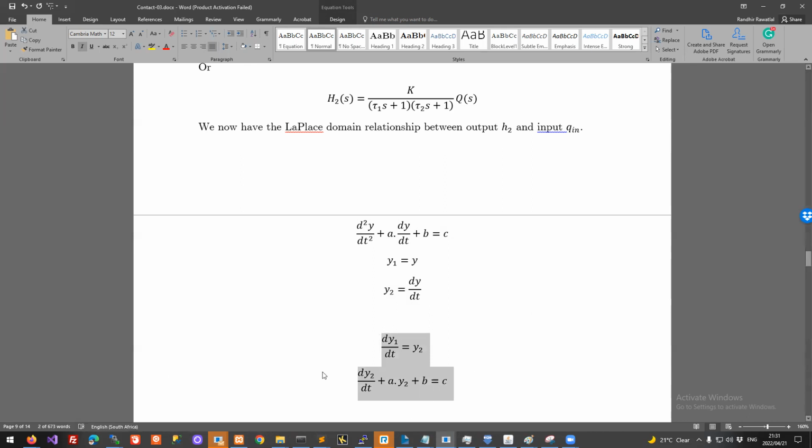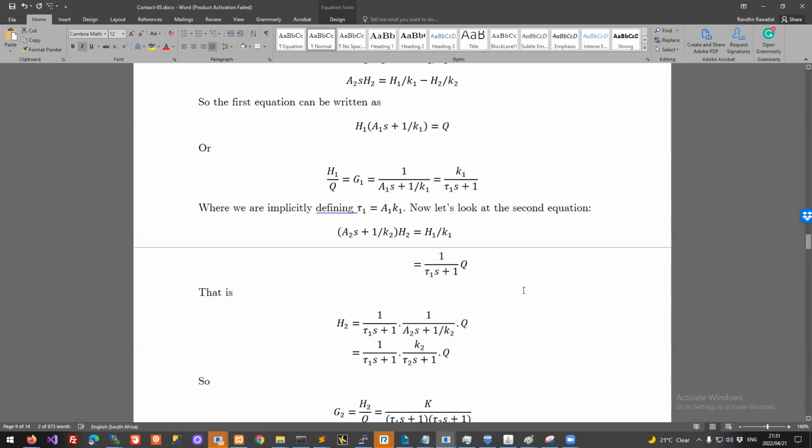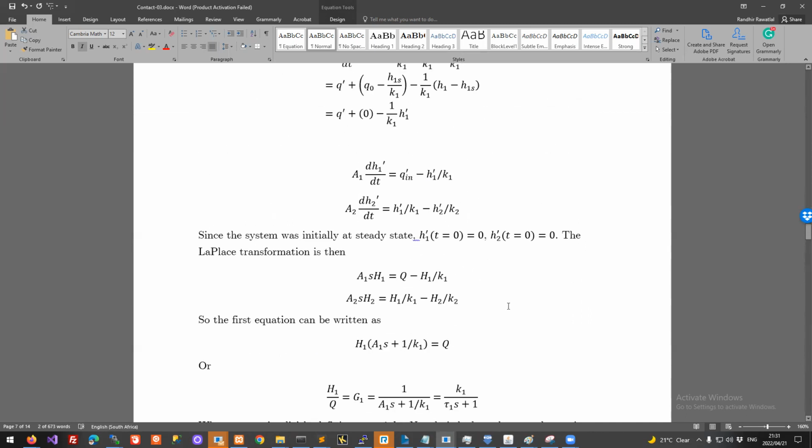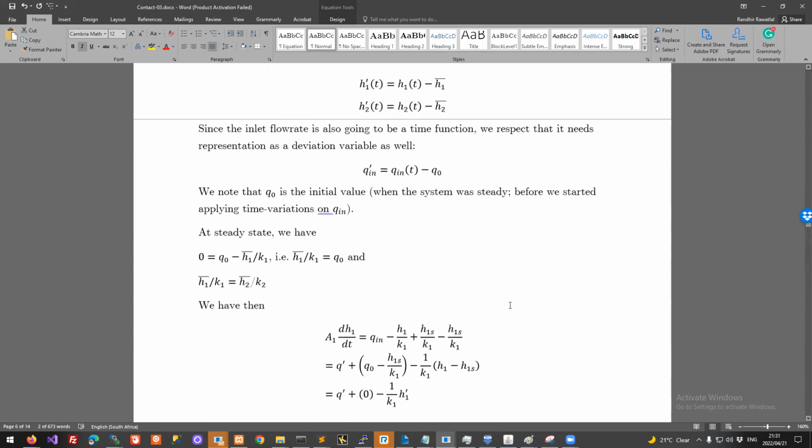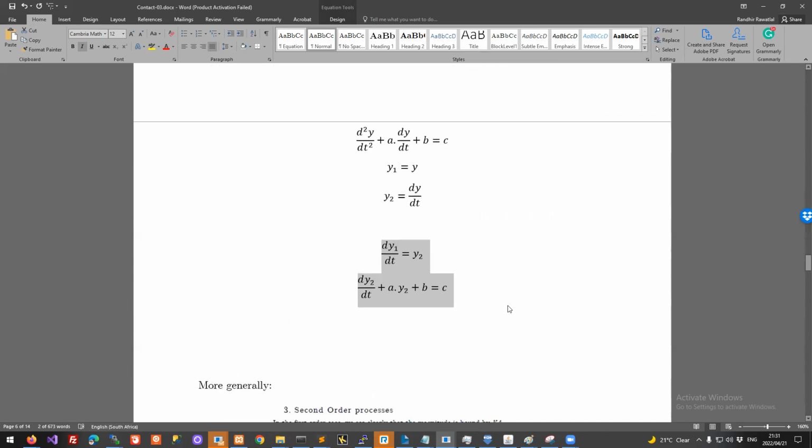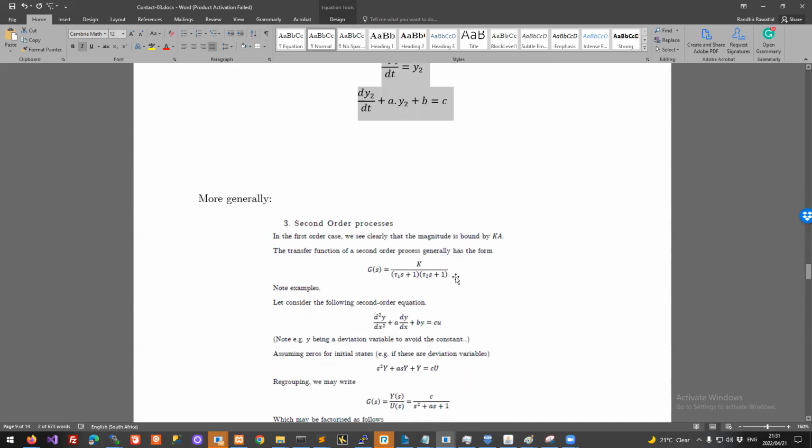And now we have two equations, and we recognize now we have again a second order system, and the second order system is going to have this eventual transfer function.